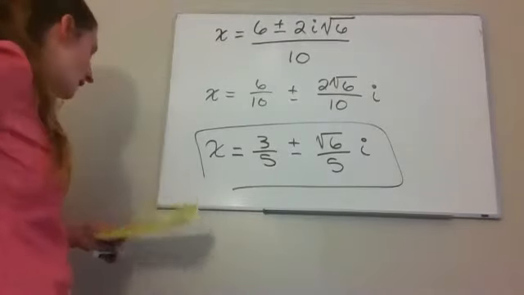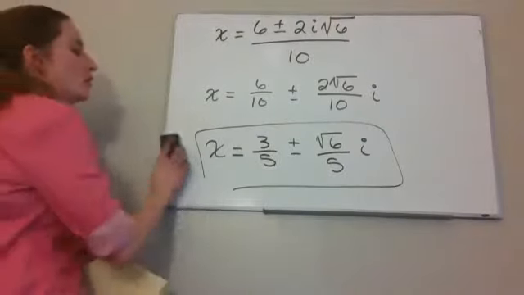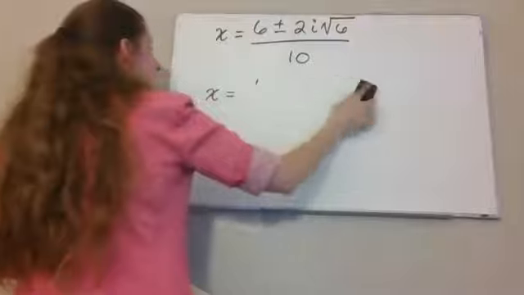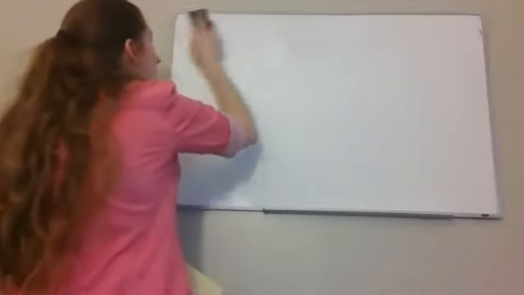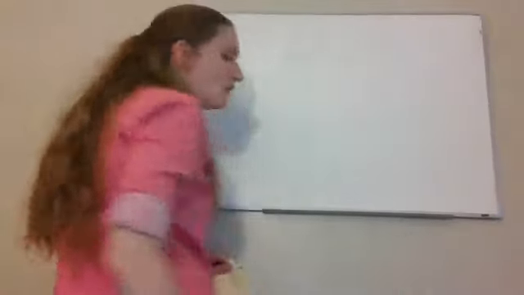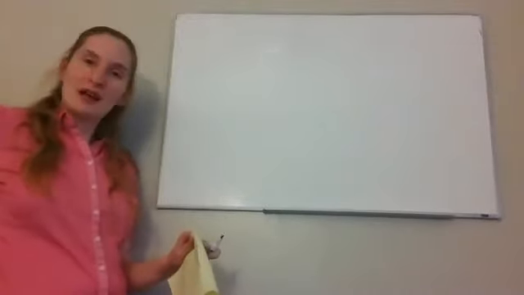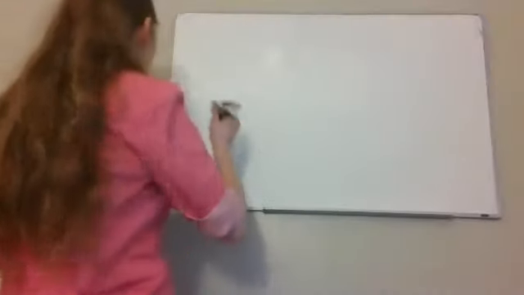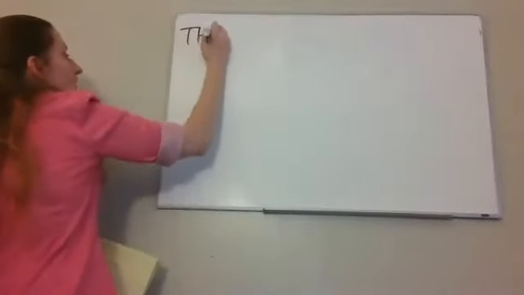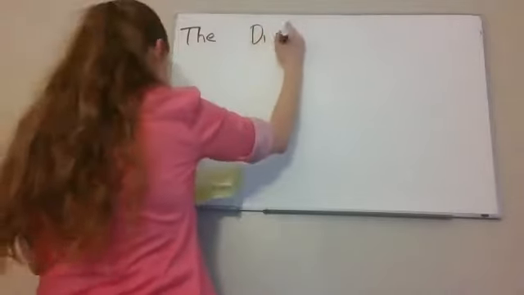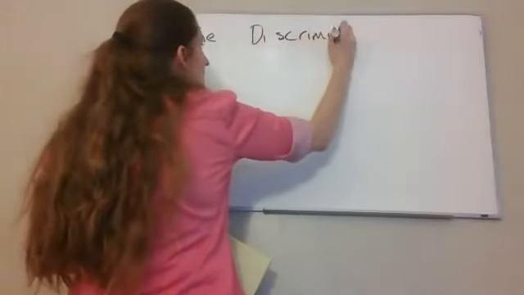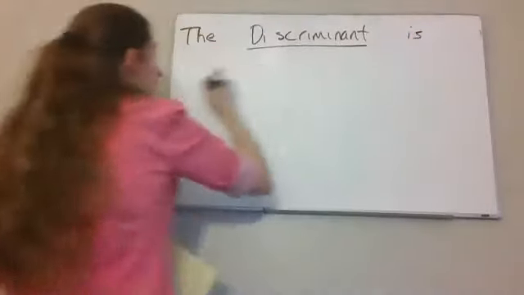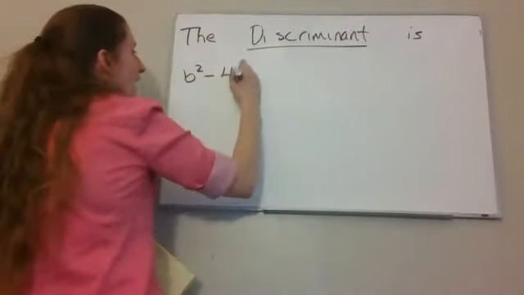So there is something very special about the quadratic formula as well. There's a part of the quadratic formula that will tell you how many answers you have to the problem and what type of numbers those solutions are. And that is called the discriminant. So the discriminant in your quadratic formula is b squared minus 4ac.